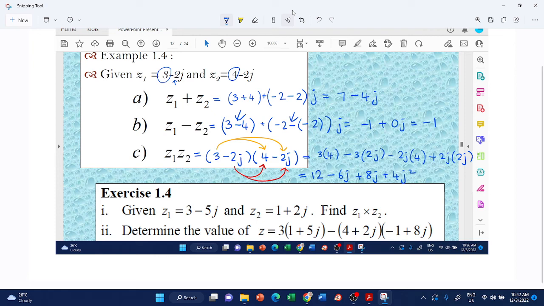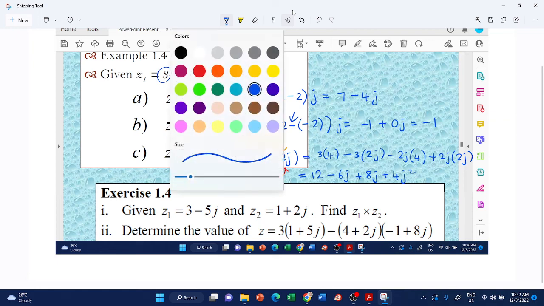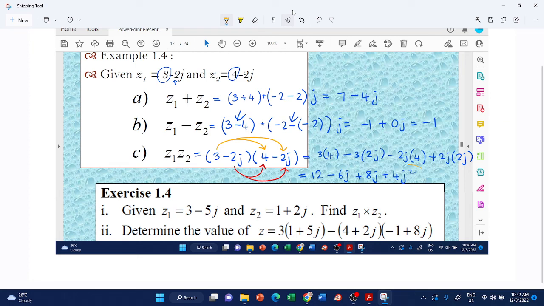Okay, yang ada J ni kita boleh simplify. J squared ni macam mana kita nak simplifykan? The negative 1. Okay, good. Use that one, negative one. Di sini, kita akan guna J squared sama negative one. Okay, so we use that one. So, 12 plus 2J.